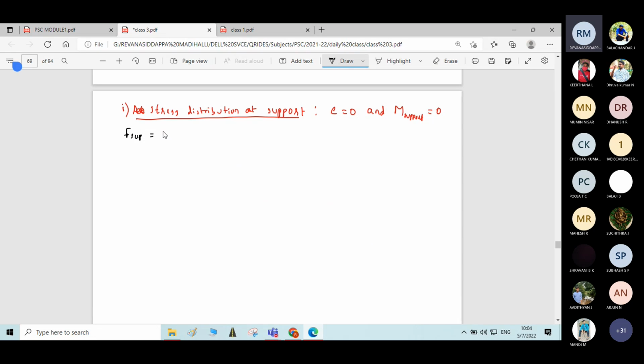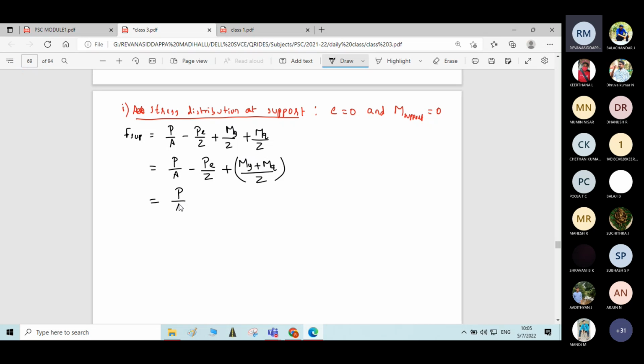Stress at top fiber is given by P by A minus P e by Z plus Mg by Z plus Mq by Z. I'll rewrite this equation: P by A minus P e by Z plus (Mg plus Mq) by Z. Z is common in the denominator.